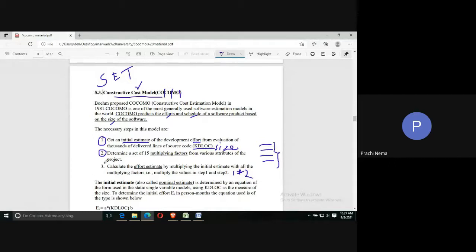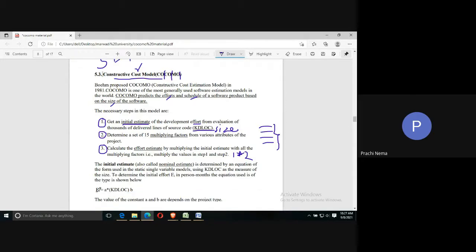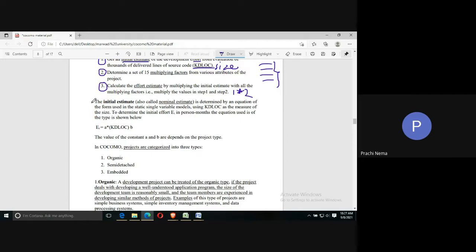So in the first step, we did the initial estimation. In the second step, we determined the 15 multiplying factors, and finally we multiplied these factors with the initial estimate, and we will get the final effort estimate. Let us see how it works. The first step was the initial estimate. To find the initial estimate of the effort, there is a universal formula given.